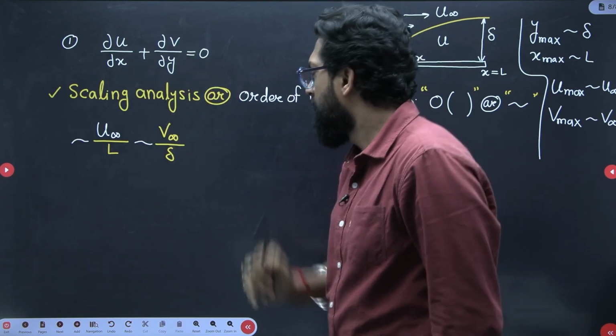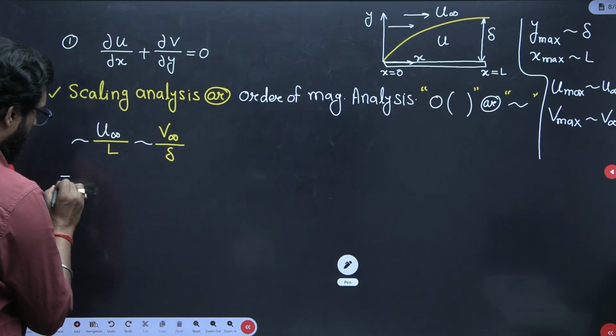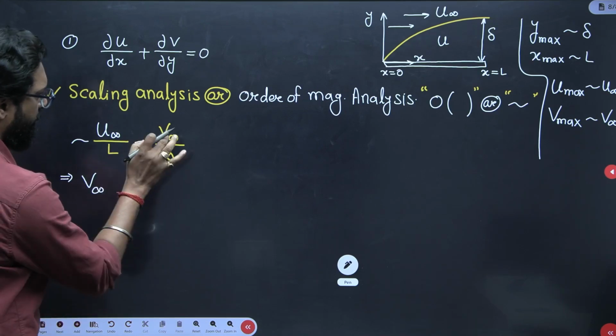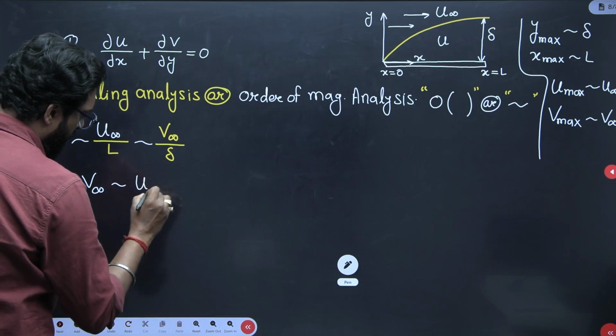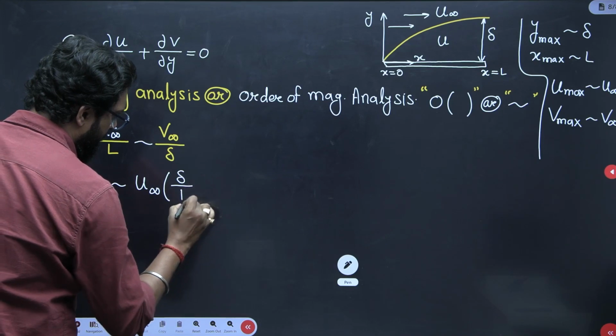So from here you can easily find the maximum velocity in the y direction. This is your velocity in y direction, of the order of U infinity into delta by L.